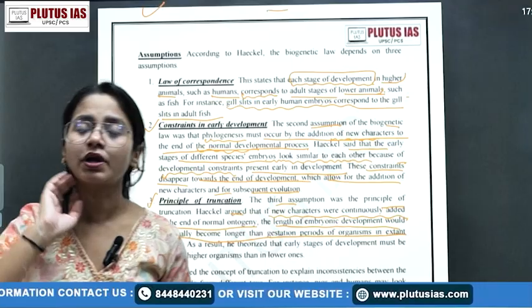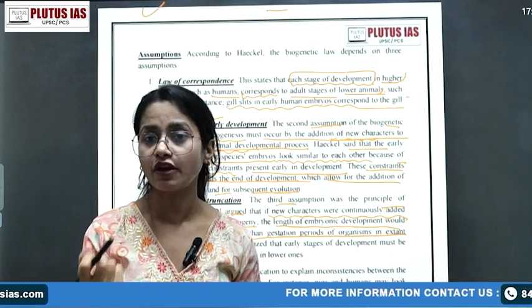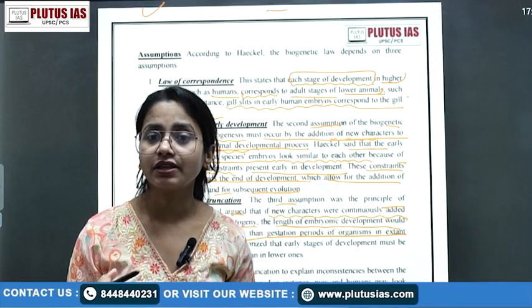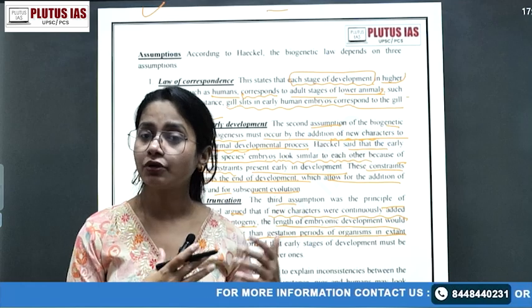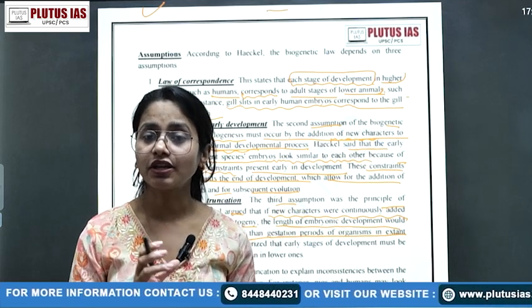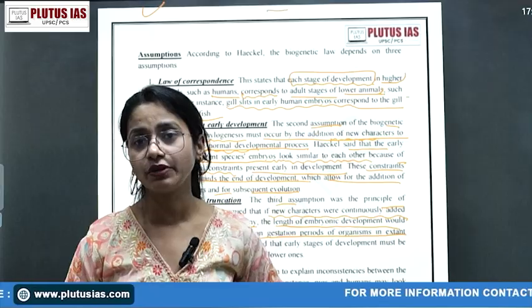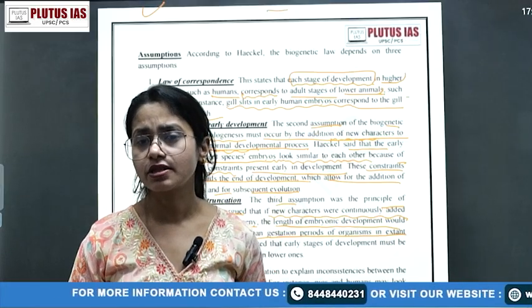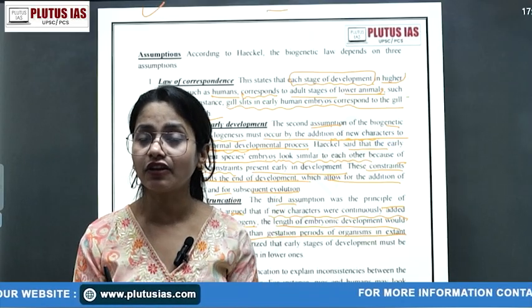Suppose we consider the gestation period of fishes or of amphibians. On average, the gestation period of amphibians is comparatively larger compared to fishes. Why? Because of the development of, suppose, the human has 9 months of gestation period, compared to chicks or other small reptiles, because whatever new changes were added occurred in the later development.